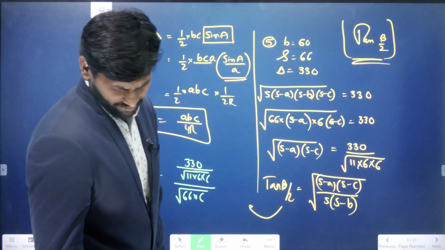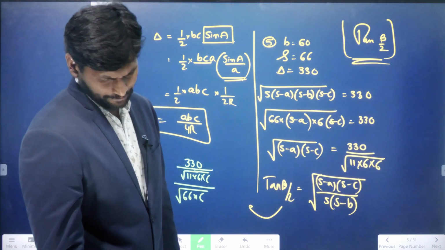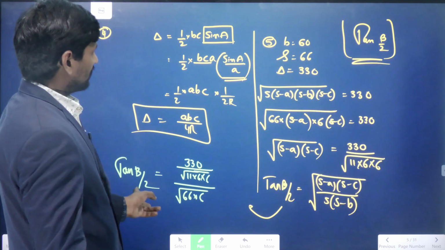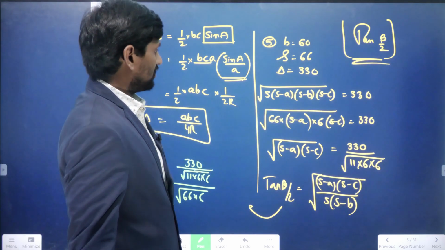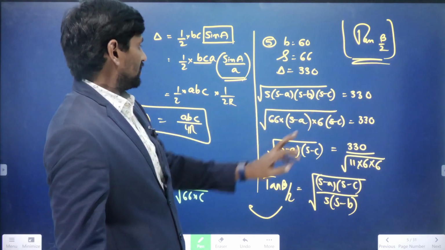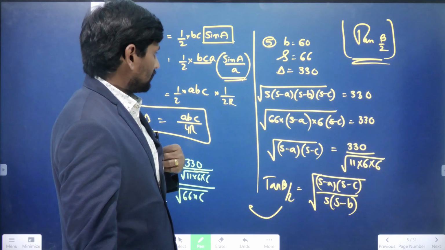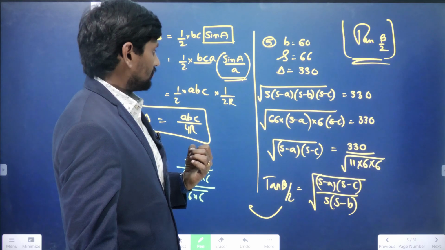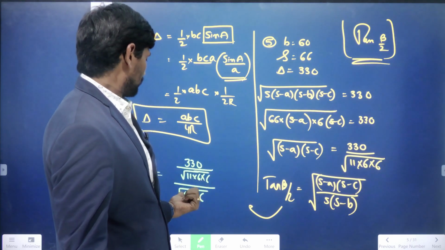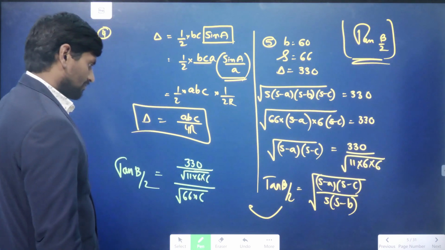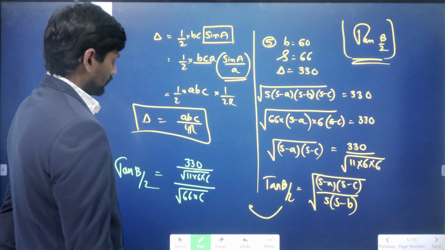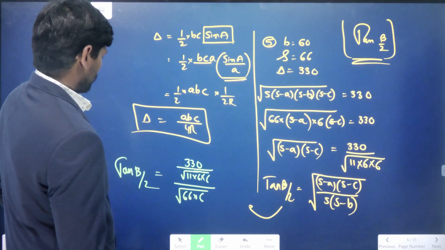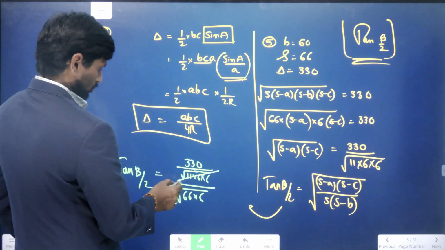Okay, let us see the answer for that. Answer will be delta value 300. Now this one, area of a triangle is 300. Both are cancelling.